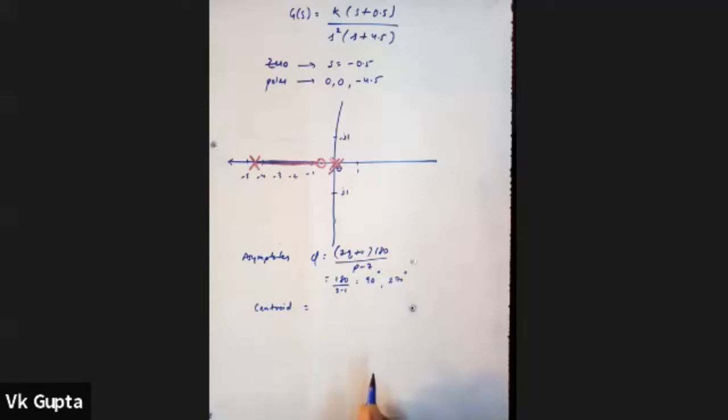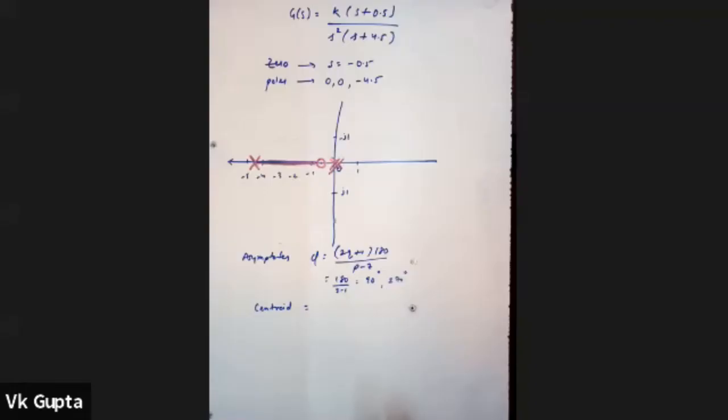Now it says the sum of real parts of poles minus the sum of real parts of zeros, divided by P minus Z. Please tell me what is the centroid? Minus 2. Minus 2. Yes, sir.